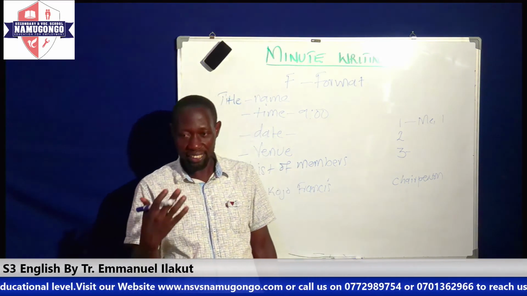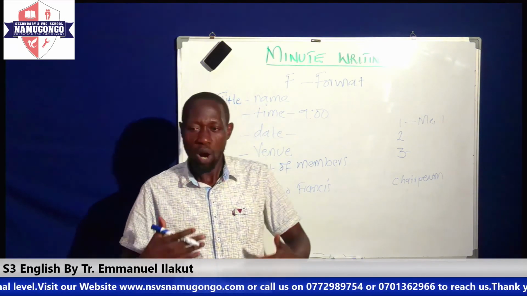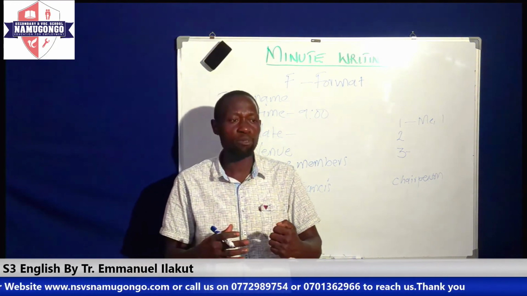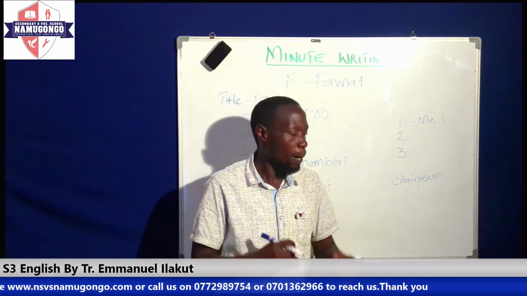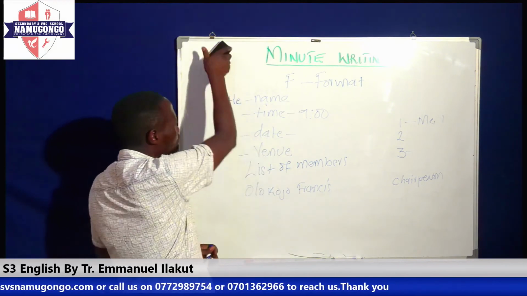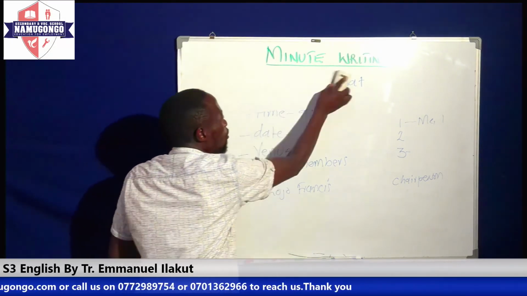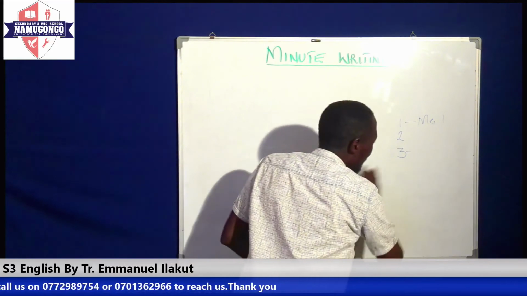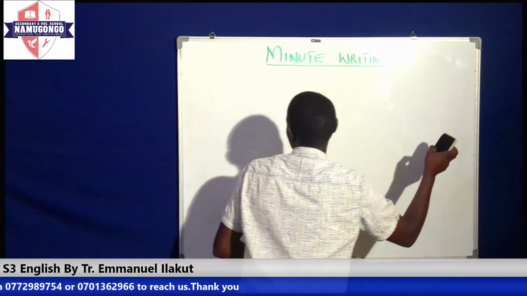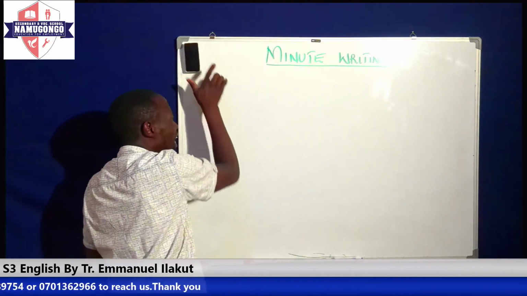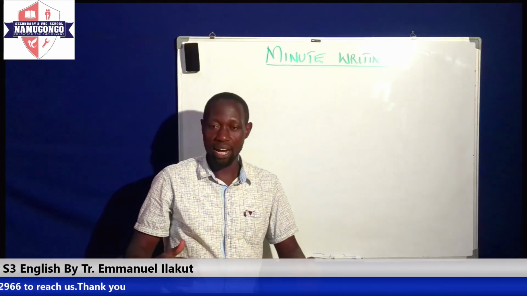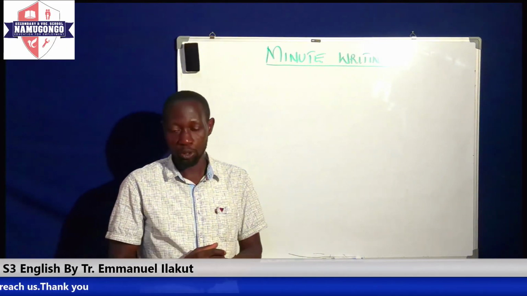Okay? Yes. Now, how do we number items in the actual minutes? The actual minutes. How would we number the items? Remember, we are done with our title, we are done with our agenda, we are done with our attendance.